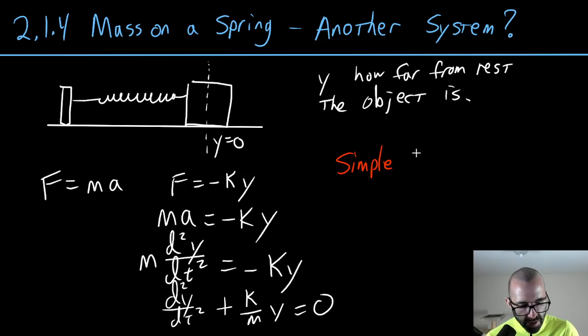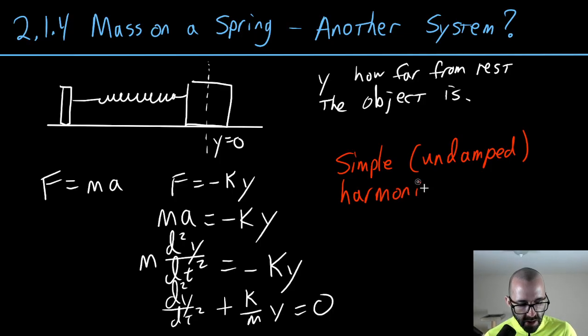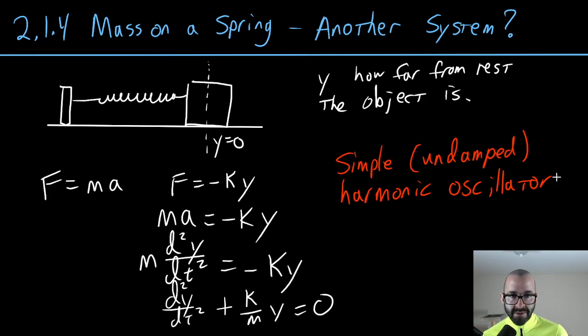And again, simple is sometimes called undamped harmonic oscillator. Specifically, the reason why it's simple is we're ignoring a little thing called friction. Realistically, it's going to lose some wiggle every time you release it.